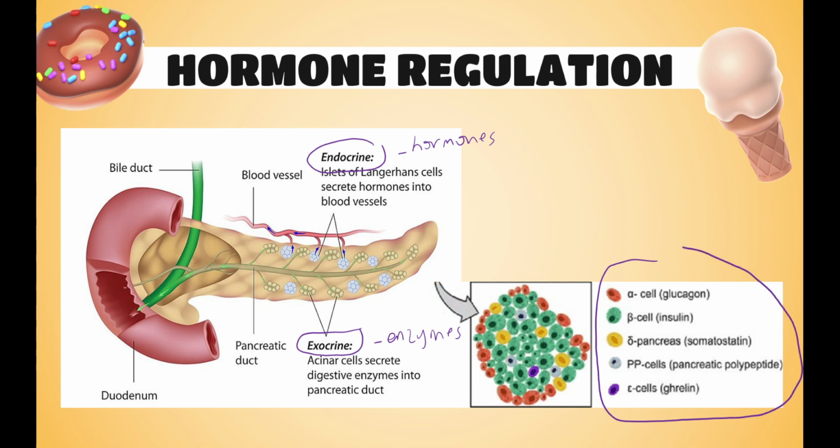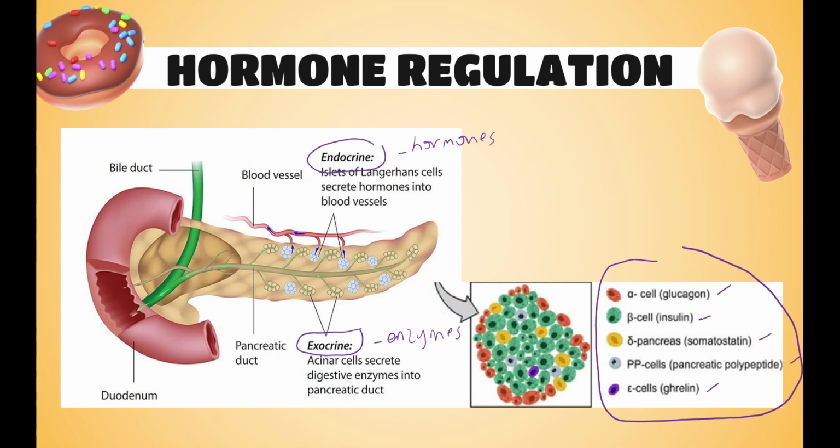And each of these cells secrete also specific hormones. So your alpha cell is responsible in the secretion of your glucagon, beta cell kay insulin, delta is somatostatin, your PP cells is your pancreatic polypeptide, and your epsilon cells is your ghrelin.